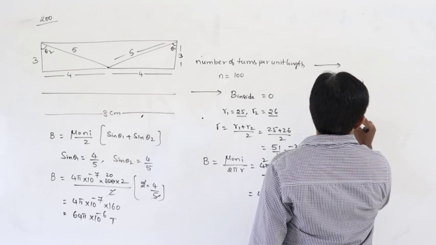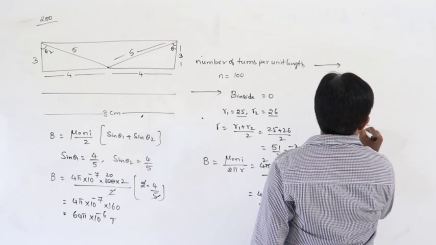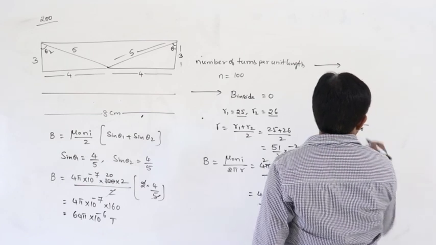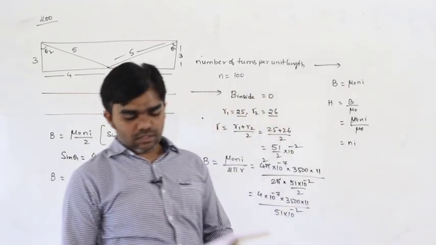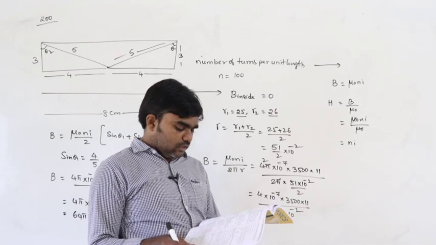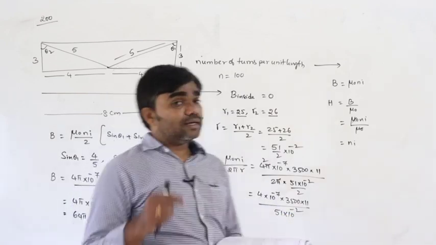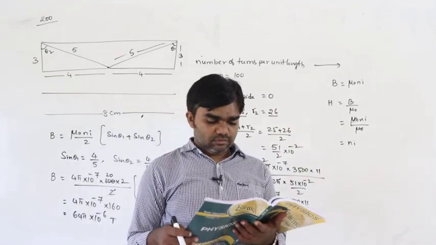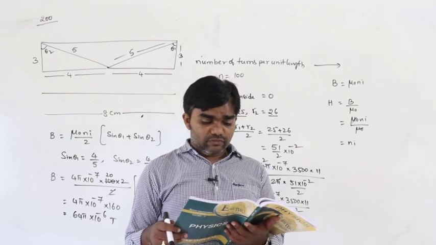So B by mu naught means mu naught N i by mu naught. Mu naught cancels, that is N i. N is the number of turns, i is the current carried, simply like this. But according to the question, it is the intensity of the magnetizing field that has to be mentioned.